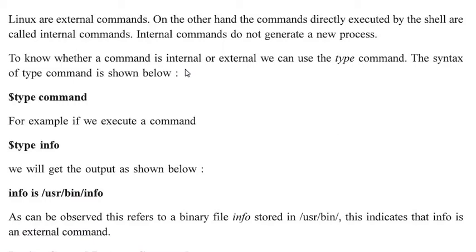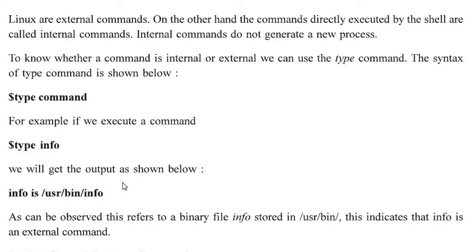On the other hand, the commands directly executed by the shell are called internal commands. Internal commands do not generate a new process. To know whether a command is internal or external, we can use the type command. The syntax of the type command is shown below: after $, type and the command. For example, type info.